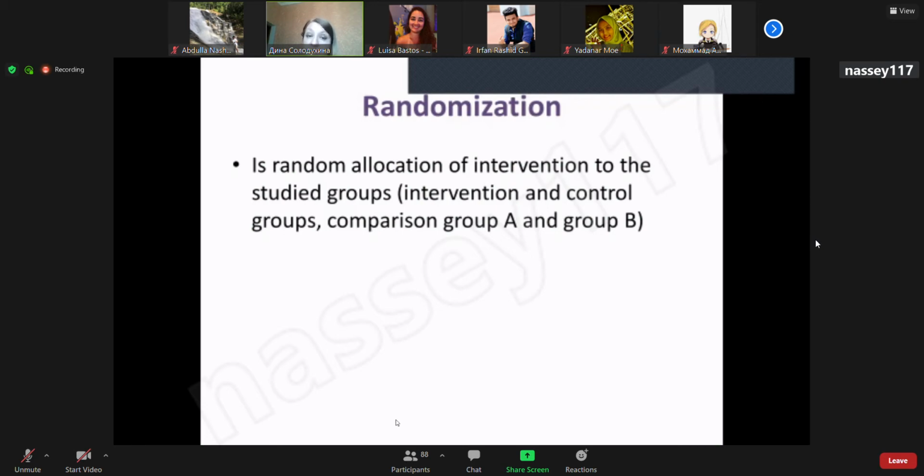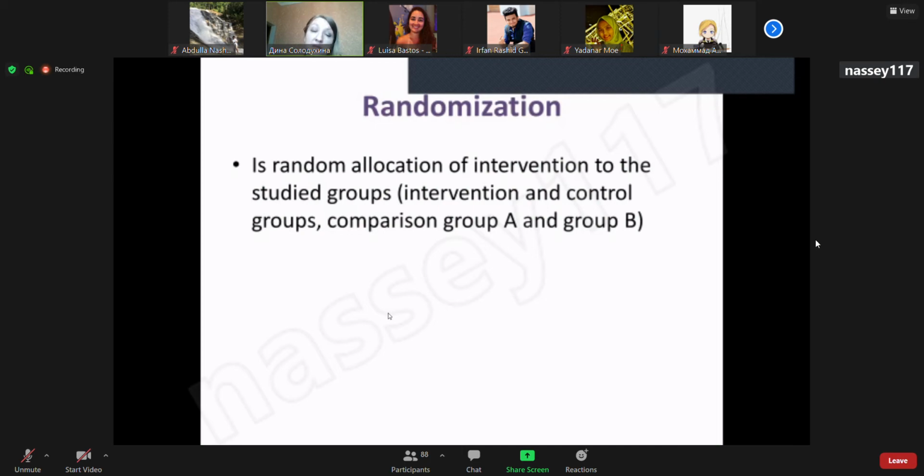And this is difficult because patients can require different treatment. However, we must remember that in epidemiological research, we don't have the purpose to give the best clinical service for the patient. We have another purpose. And then randomization is done not in the interests of a patient, but in the interest of the study.